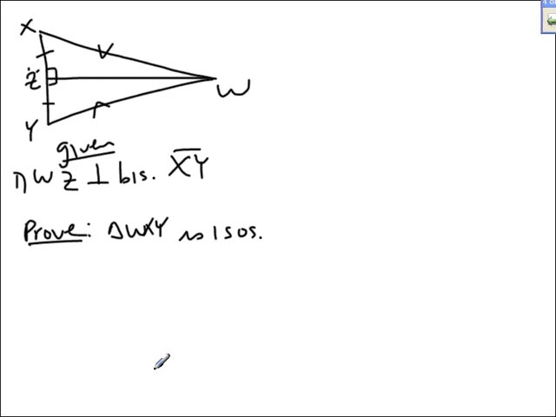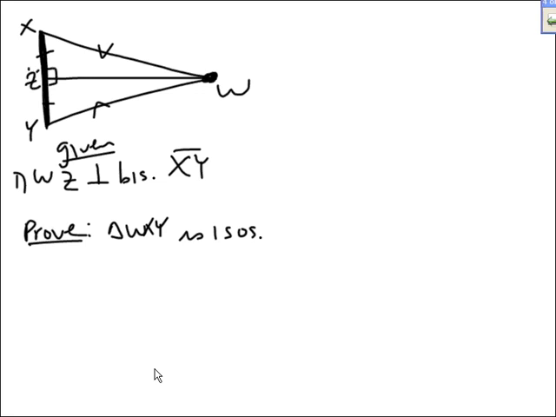It says, if a point is on the perpendicular bisector of a segment, here is the segment, here's the line segment WZ, and W is any old point, and it's on the bisector.